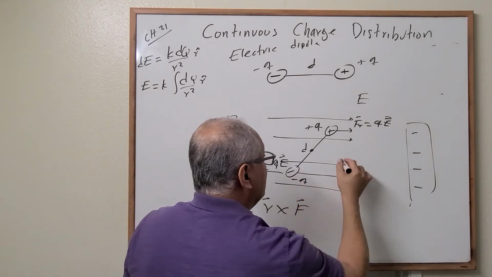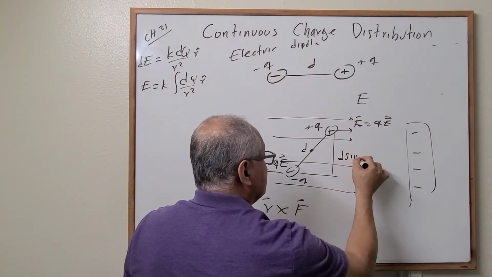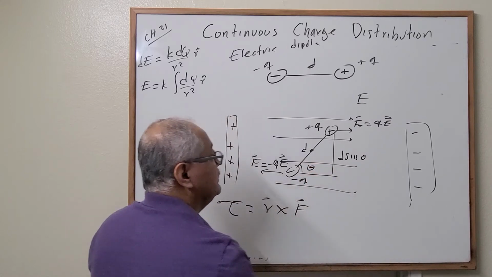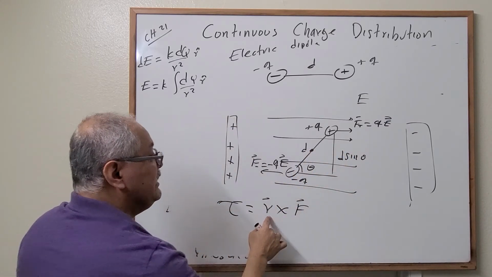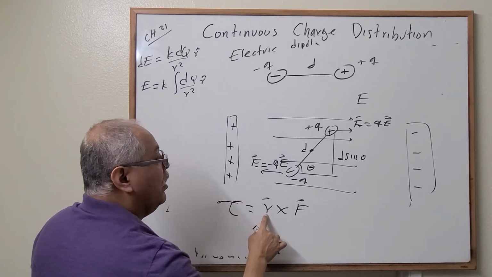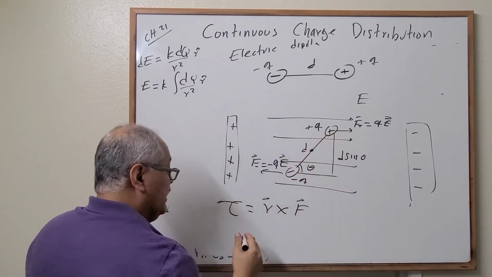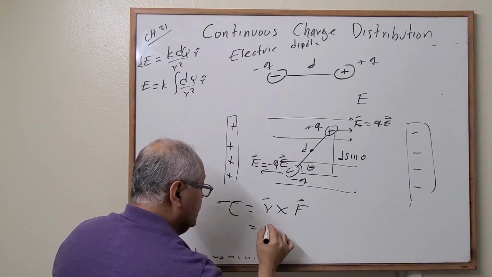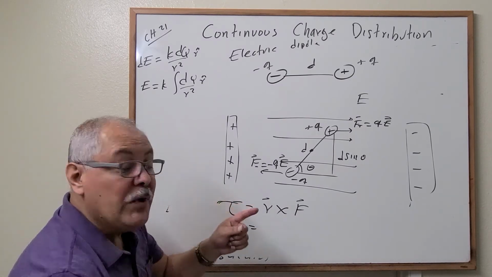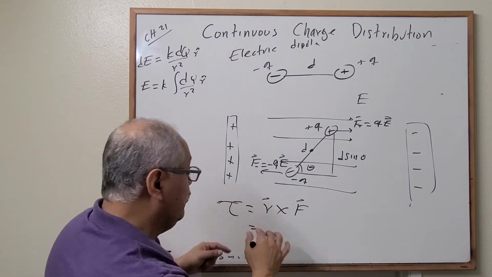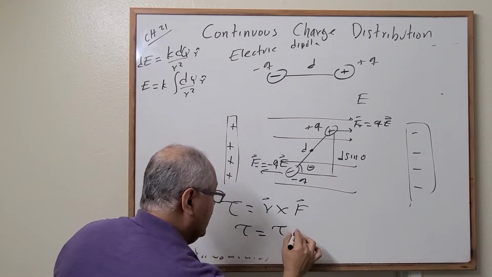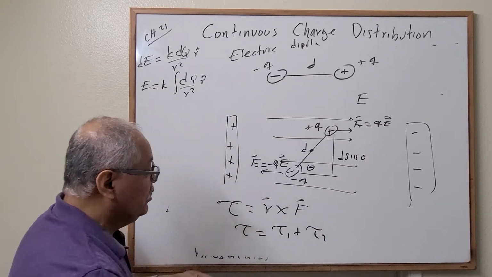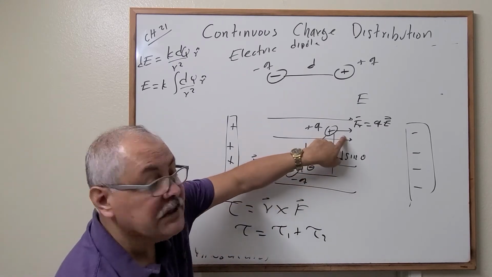From here to here, this is the angle theta, but right here is half this distance. Now what should be the lever arm from here to here? In general, because we have two forces, the torque tau equals torque 1 plus torque 2, produced by this force and produced by this force.